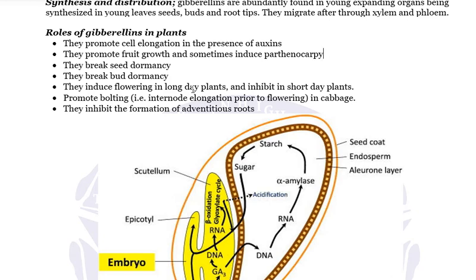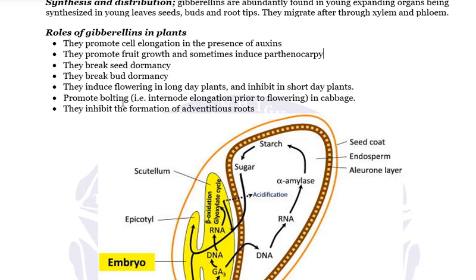So some of the plants zitafanya flowering when there is kuna jua kidogo afu giza sana. Kwa hiyo zinazofanya flowering wakati ambao kuna jua sana naita long day, zinazofanya flowering ambazo kuna mwanga kidogo naita short day. Kwa gibberellins, they induce flowering in long day plants, they inhibit in short day plants.